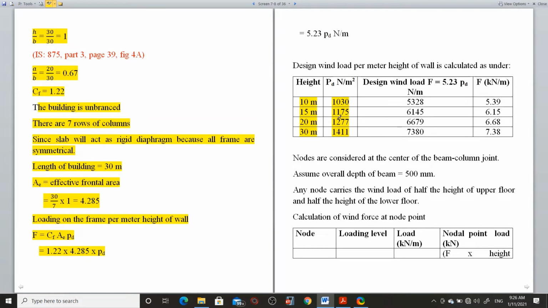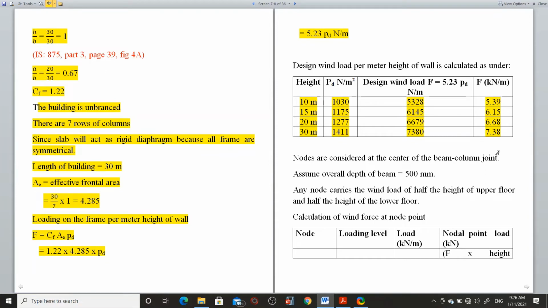Okay, the design 5.23 PD. Then the force is in Newton per mm. We need it in kilonewton per meter, so divide by 1000.